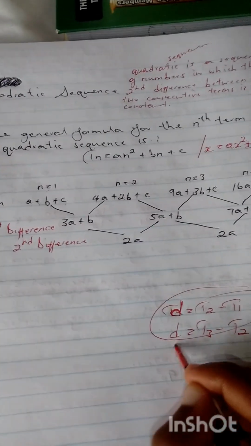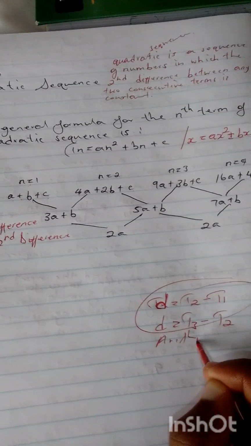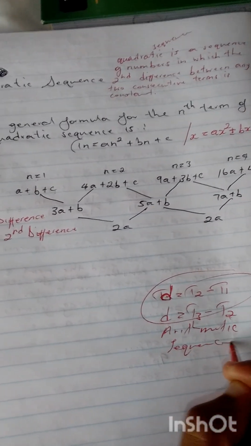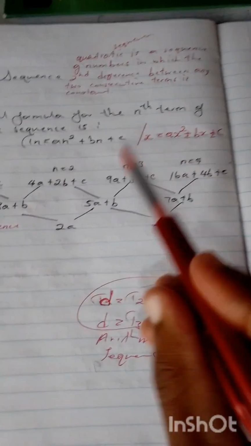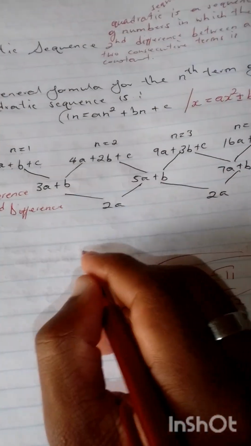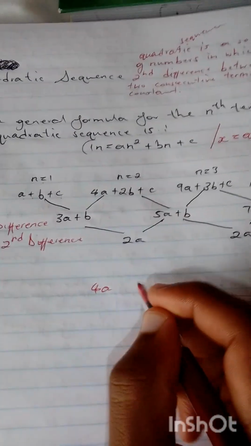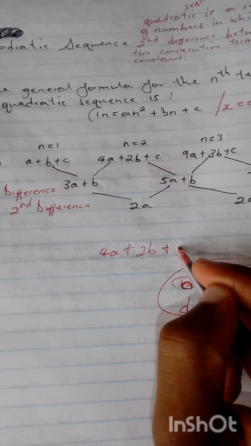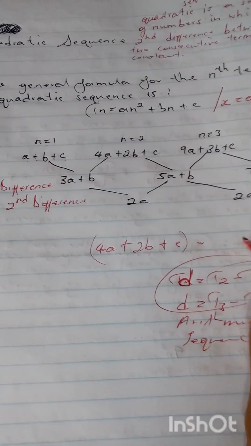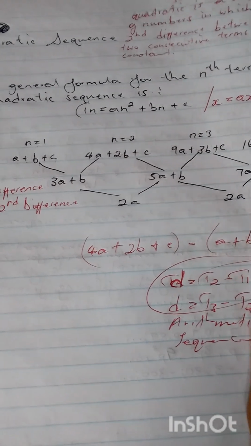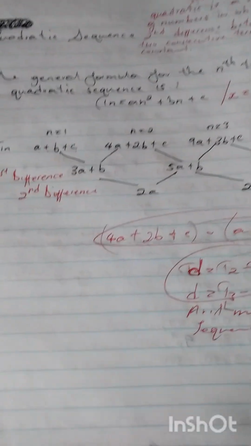You remember this from arithmetic sequence. Now, we are going to subtract this from this. So meaning we are going to say 4a plus 2b plus c, then minus a plus b plus c.